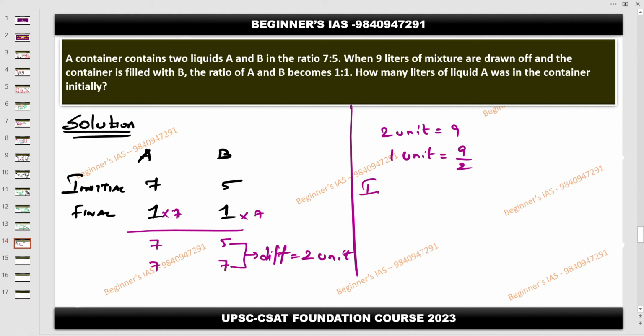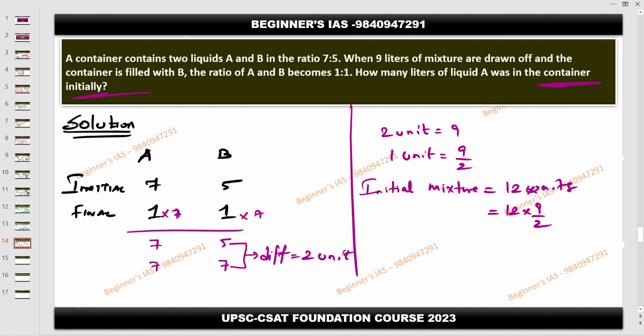You need to calculate with the initial mixture, since the question asks about the container initially. What is the total initially? 12 units. So the 12 units is 12 into 9 by 2, which is 54.